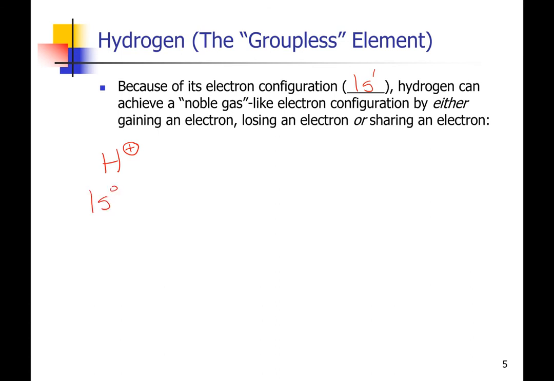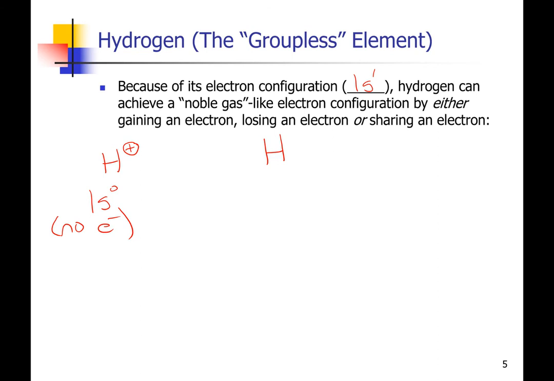For lack of any better way to write it, I guess it would have an electron configuration of 1s0. It has no electrons at all. And we could say, therefore, that it doesn't really have a noble gas electron configuration, because there's no noble gas that has no electrons and no protons and just doesn't exist. We can say that all of the shells of electrons here are either completely filled or completely empty.